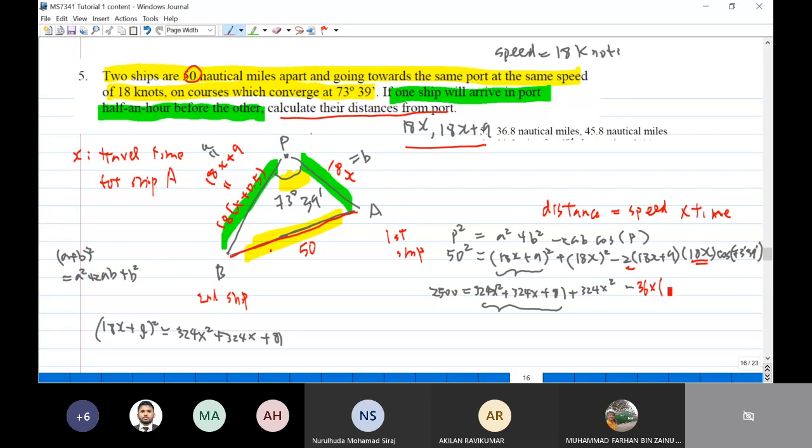Then multiply by 18x plus 9. Then cosine of 73 degrees 39 minutes. So this will give you 0.2835.